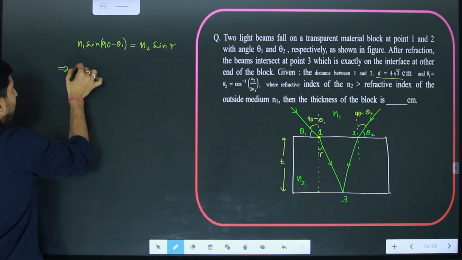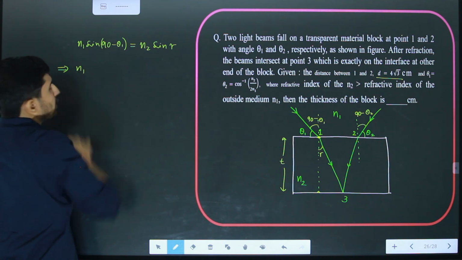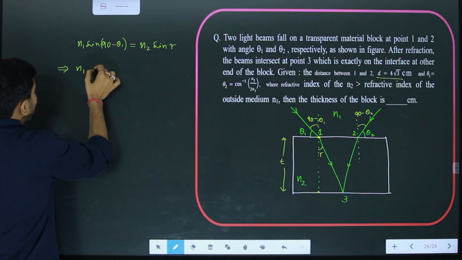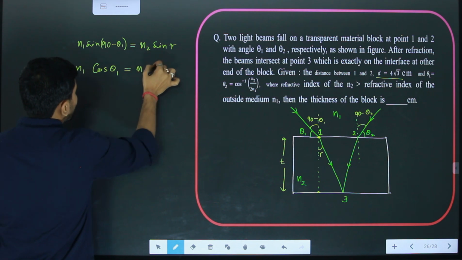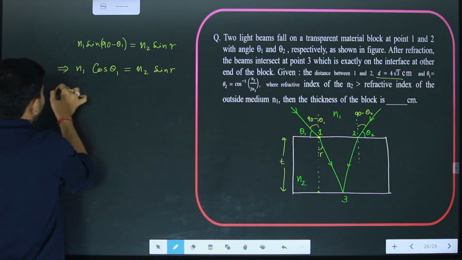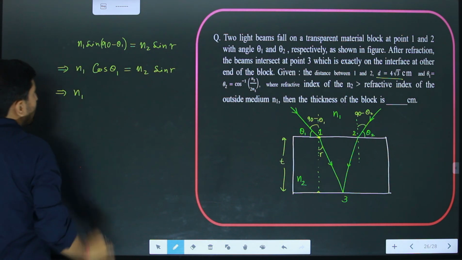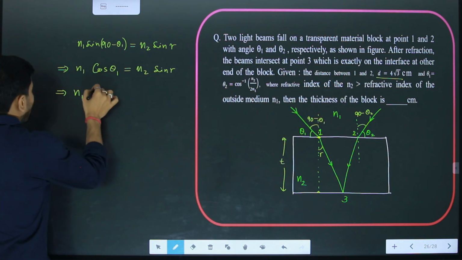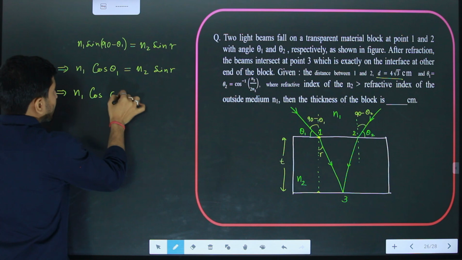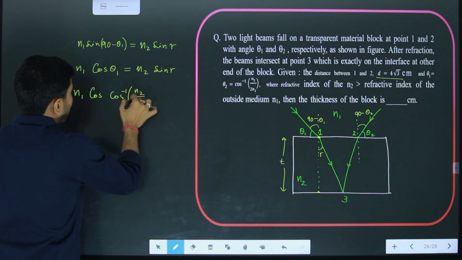Now sine of 90 minus theta 1 is cos of theta 1, and this is n2 multiplied by sine of r. What is the value of theta 1 or theta 2? It is equal to cos inverse of n2 divided by 2n1.